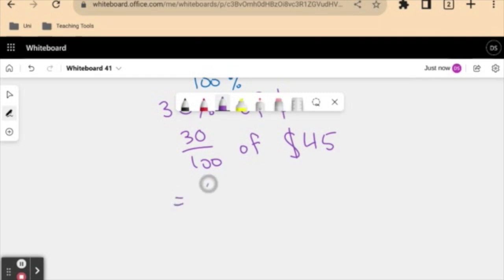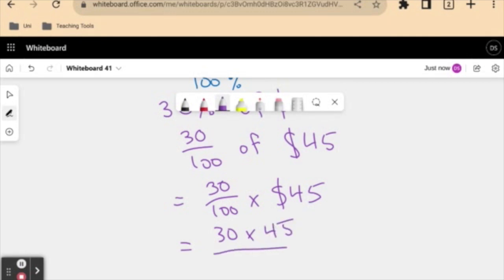And this involved a multiplication because we're multiplying our quantity by the fraction. So that's like saying 30 hundredths multiplied by $45. And I'm going to speed through this a little bit because I went over it a lot in the previous video, but this is like saying 30 multiplied by 45 all over 100, and we will get here 1,350, I should say, as a fraction of 100.